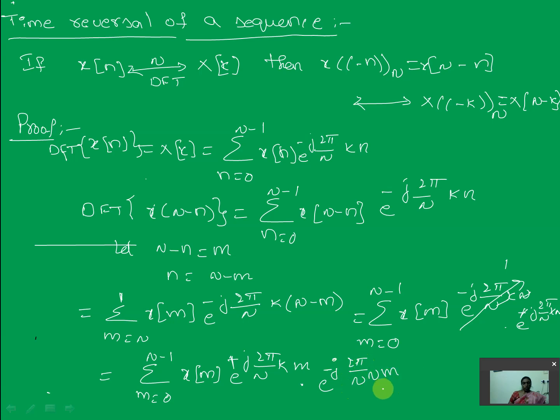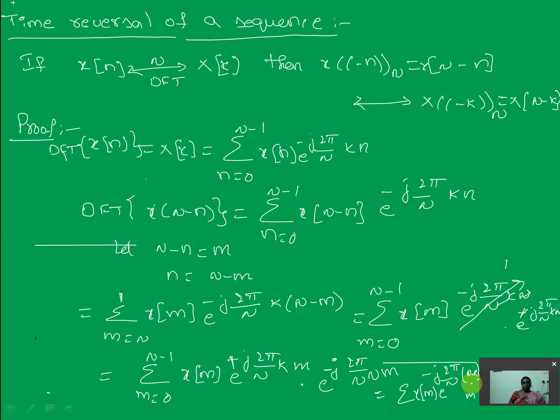So now this is equal to the summation of x of m e power minus j 2 pi by N, taking 2 pi by N common, here is Nm, here is km. Take m outside. Now here minus N, here is k. I have already taken minus as common. So now here N minus k.